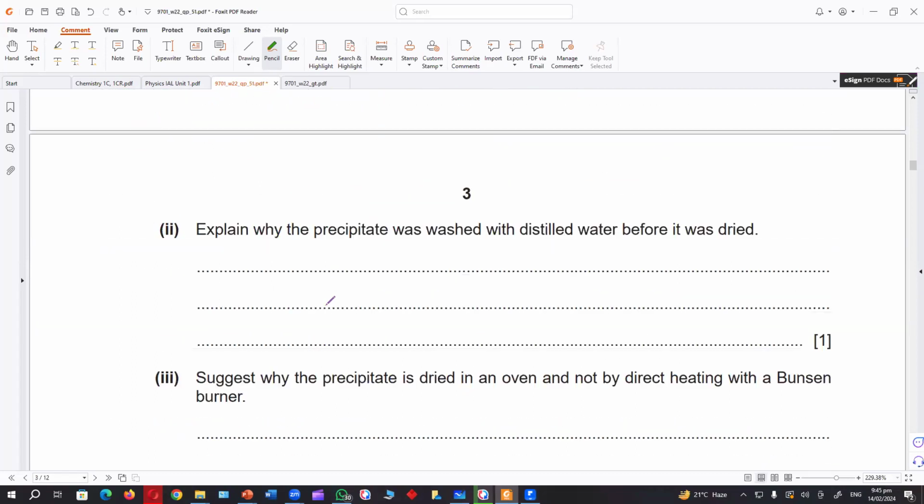Explain why the precipitate was washed with distilled water before it was dried. This is a very common procedure.